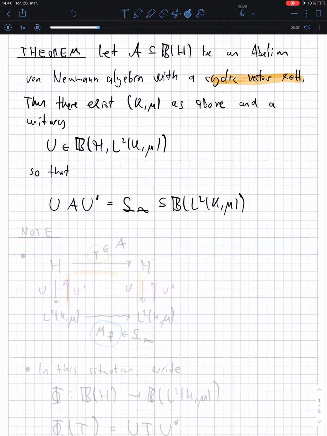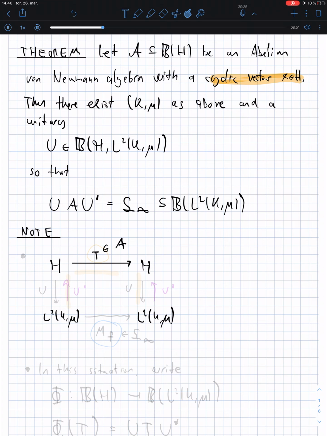So let me just note something about what it is that we're talking about here. The setting is that I have H, which is my abstract Hilbert space on which my A acts. So if I have an element in A, it's an operator that goes from H to H. And so the statement is that I can replace H by an L2 space, L2 K mu, in such a way that these two Hilbert spaces, H and L2 K mu, are the same Hilbert space.